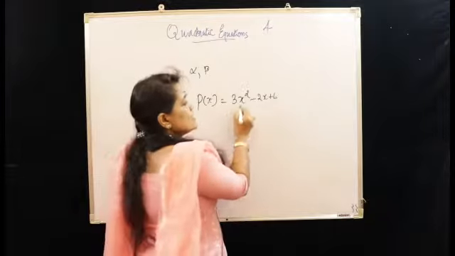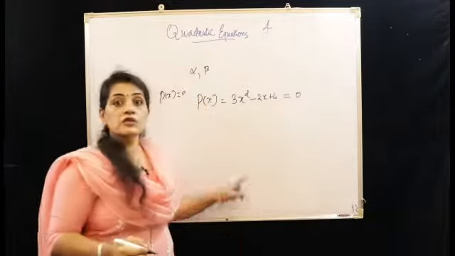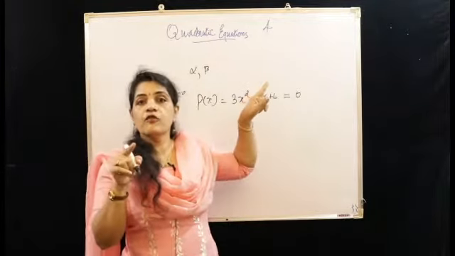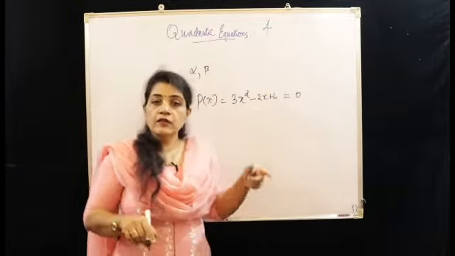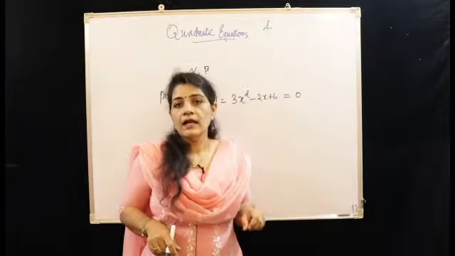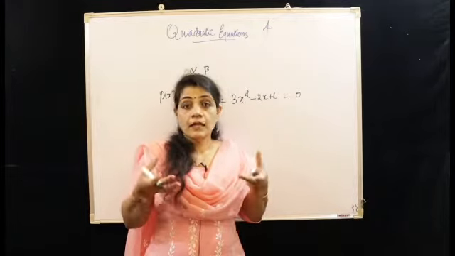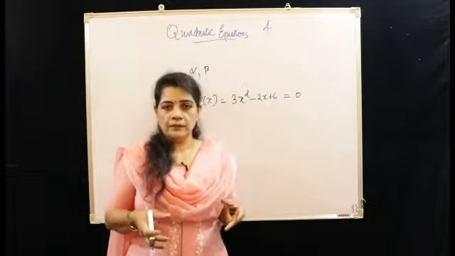That means 3x square minus 2x plus 6 equal to 0 in order to get the zeros, that is alpha and beta. If you substitute alpha and beta in the given polynomial, it will satisfy, that means LHS equal to RHS. That is the meaning of zeros of the polynomial.